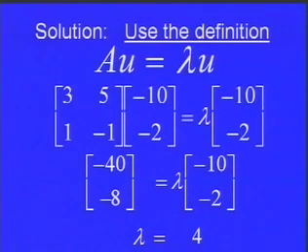Just working across the top, negative 40 is equal to lambda times negative 10, so lambda has to be 4. Now double check with the second entry, because it's possible that they've given us one that doesn't work. So let's make sure that negative 8 is equal to 4 times negative 2. Well, it is. So everything's fine. Lambda's 4, and we've solved for lambda. So do be careful that all of the entries do match up and that you get the same lambda every time with each row.